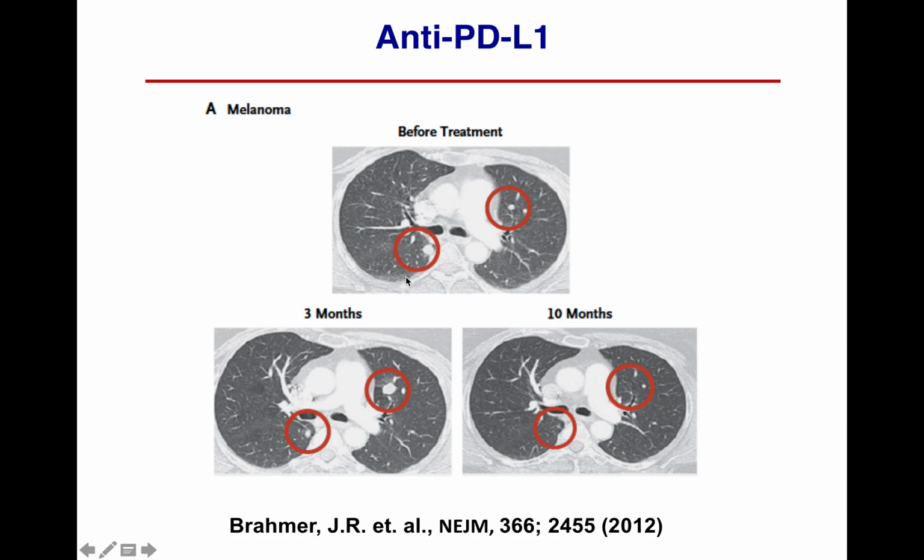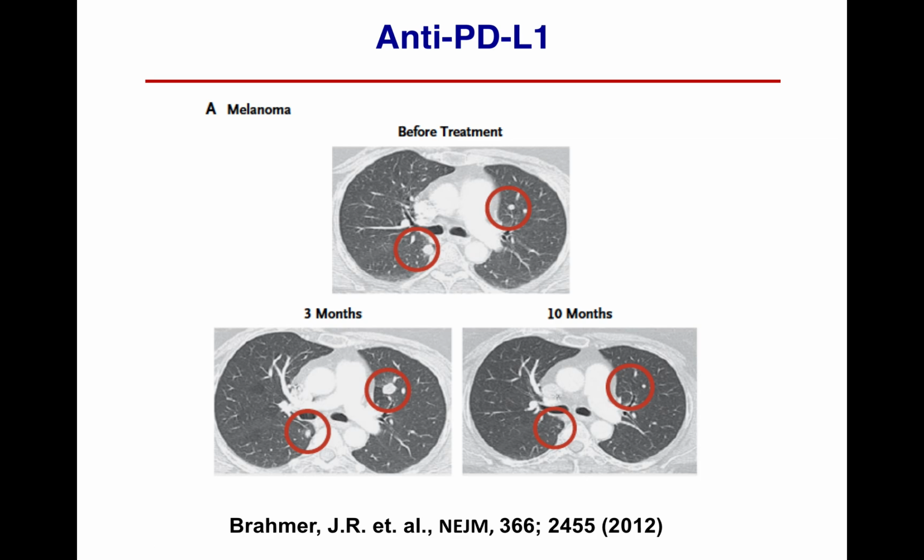You can see here this is before treatment in a melanoma, and then after treatment, 3 months to 10 months. At 3 months you notice the tumors actually get bigger, and then they get smaller. So you're getting activation, they're starting to fill out with T cells, and then you're getting destruction and removal of that tumor.